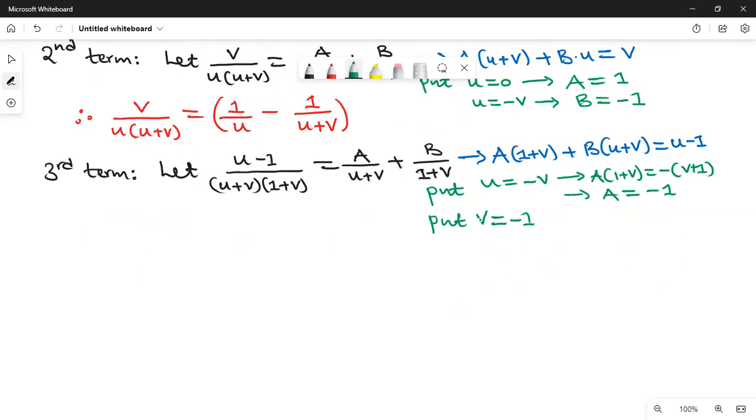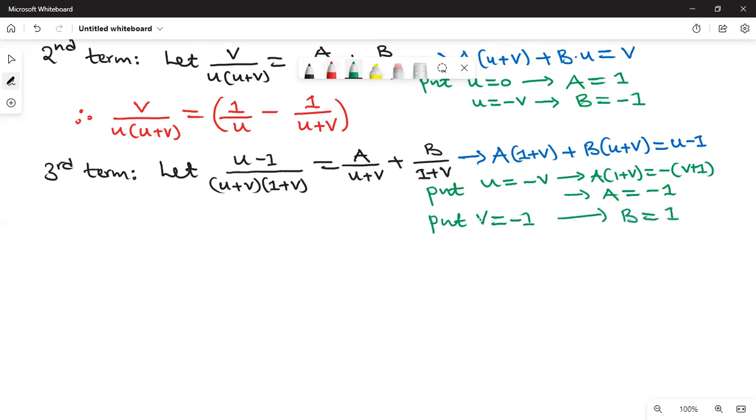That means the first term will vanish, will be 0. So that we now remain with b into u minus 1 is equals to u minus 1. That will give us b is equals to 1.